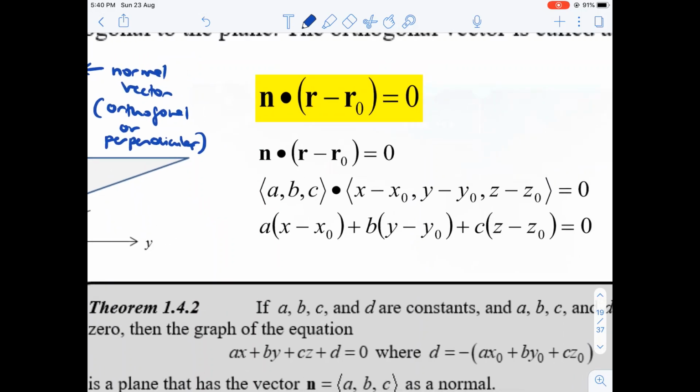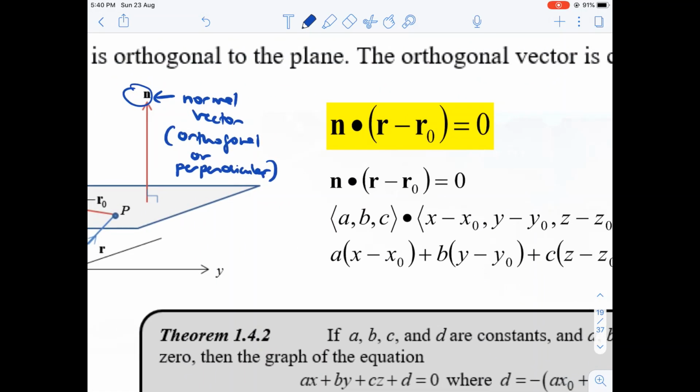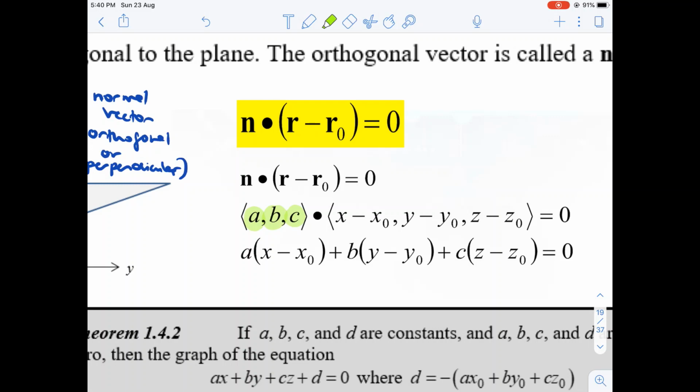So n, the elements of the normal vector, is a, b and c, dot product with r minus r naught. The elements of r are x, y and z, and the elements of r naught are x naught, y naught and z naught. So we have this equation.